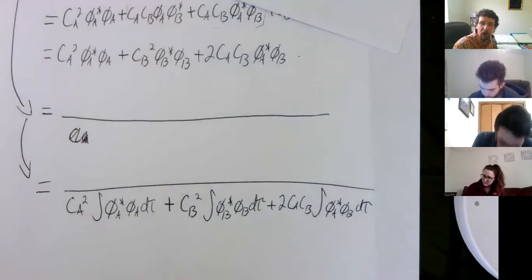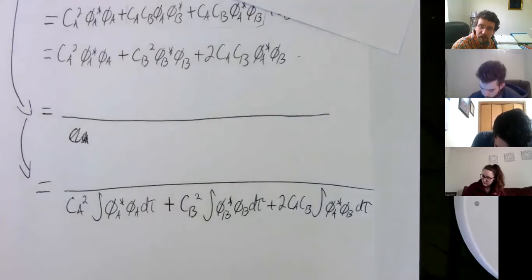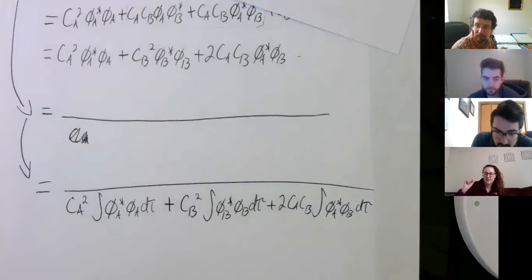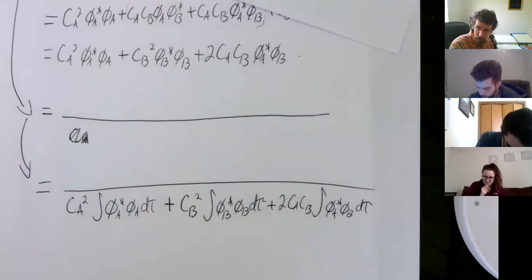Okay, now the top part. How is the numerator and the denominator going to differ? The top will have H hat. Yeah, the top one will have H hat wedged in between each of these basis functions.